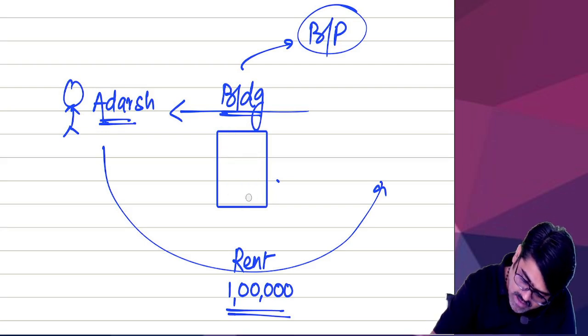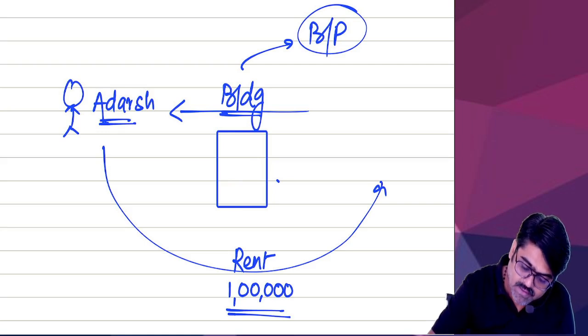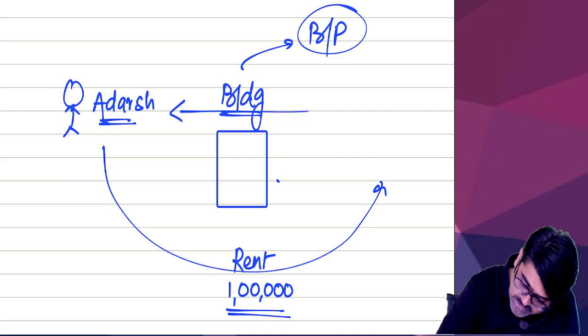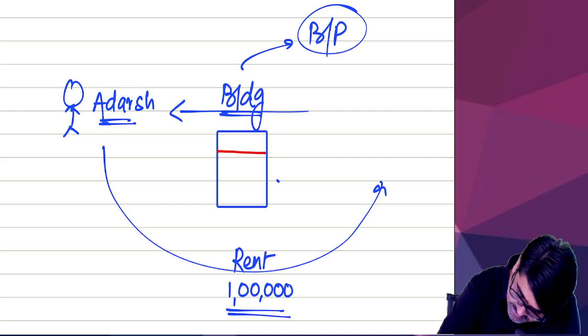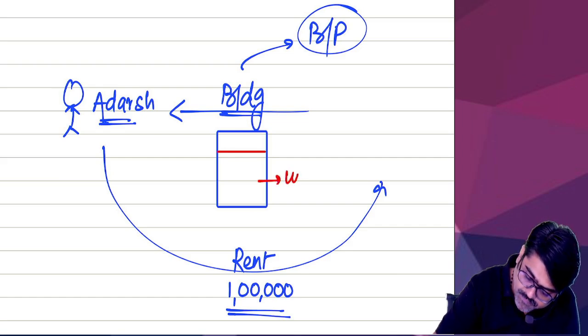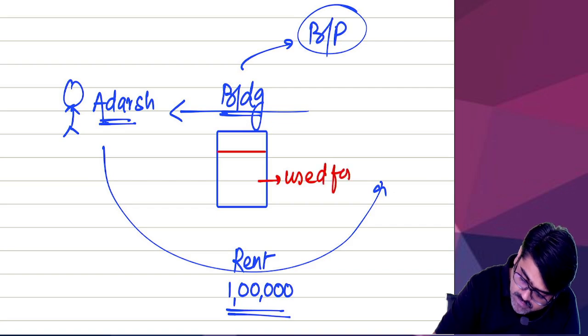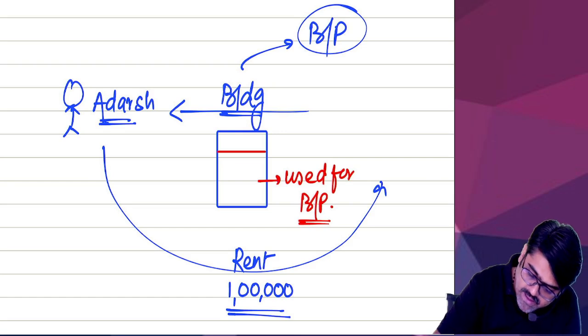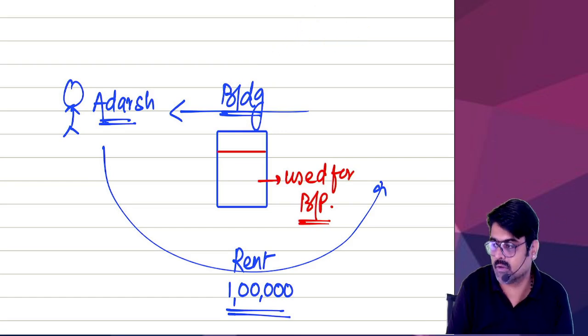See, out of the entire building, only 75% part is used. Meaning that only this particular part is used for what? Business or profession of the assessee. The entire building is not used.